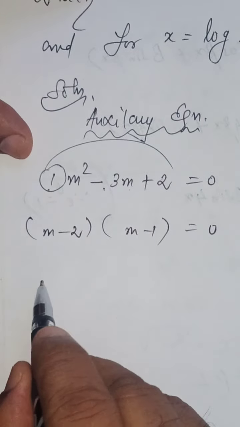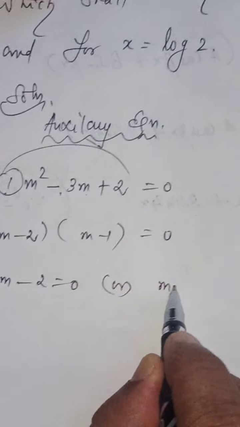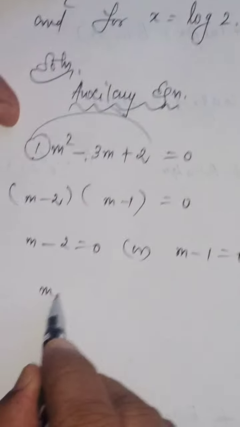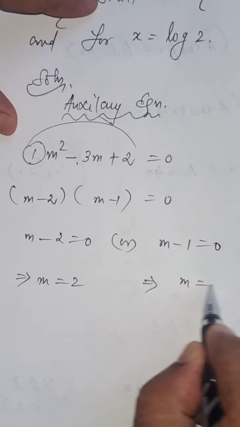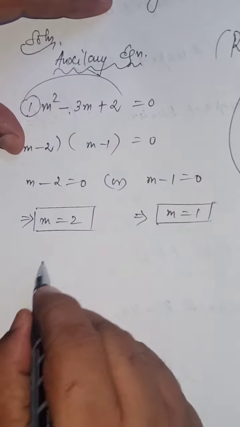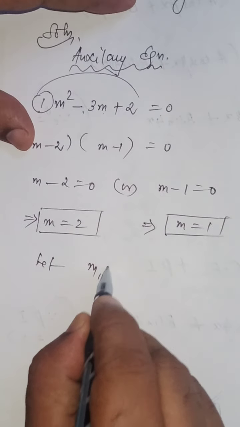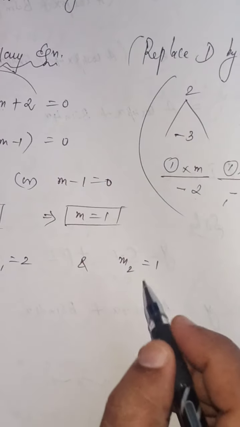Product of these two equals 0 means either m minus 2 equal to 0 or m minus 1 equal to 0. Therefore, m equals 2, since minus 2 goes to the right hand side as plus 2. Minus 1 goes to the right hand side as plus 1. So, we have two different values. Consider them as m1 and m2: m1 equals 2 and m2 equals 1.